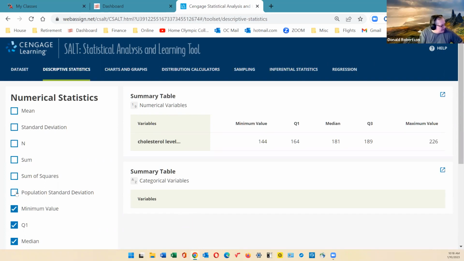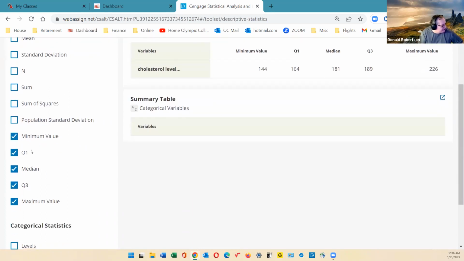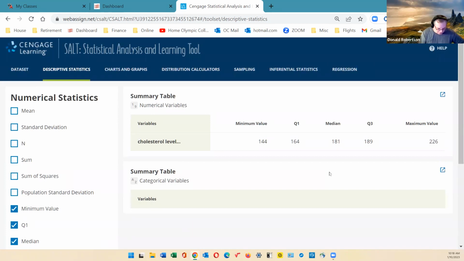Just go over here and uncheck everything except the 5 numbers in your 5-figure summary. And that means the only guys you will see are the 5 numbers that you want to see. Now, you could use that to draw your own box plot, but we should be able to use SALT.